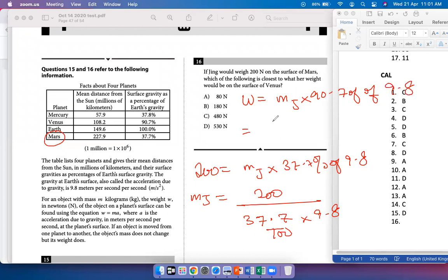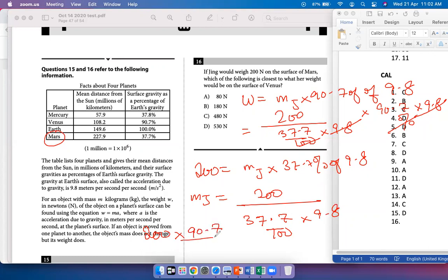Now, if you put the mass of Jing here, that's 200 divided by 37.7% of 9.8, multiplied by 90.7% of 9.8. So then you see that this percentage of 9.8 and this percentage of 9.8 get cancelled. So effectively your answer becomes 200 times 90.7 divided by 37.7.